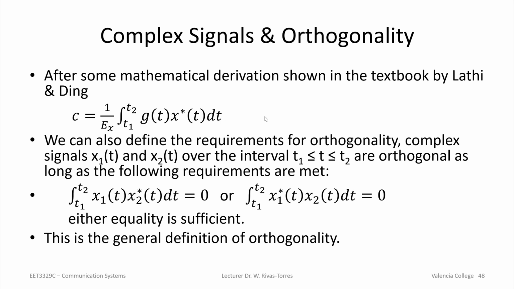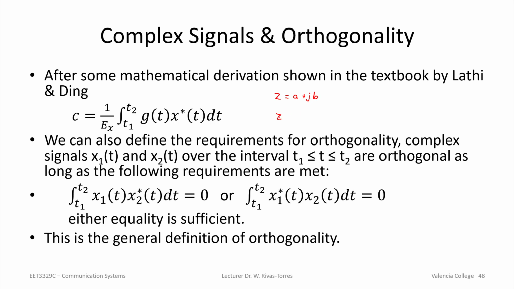Now, if my pen would cooperate just a little bit, just to remind you guys what a complex number is, right? If I have a variable z, which is complex, it is going to have a real part a, let's say, plus an imaginary part b, where j is the imaginary operator.